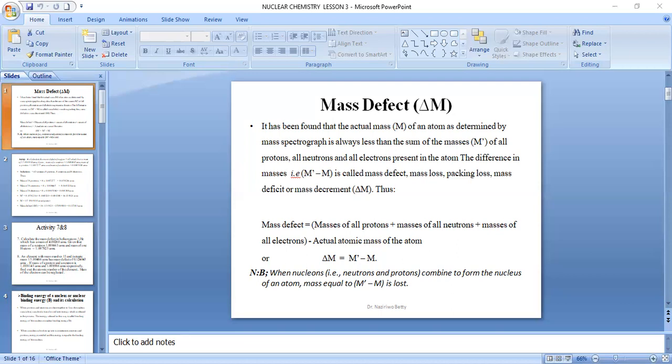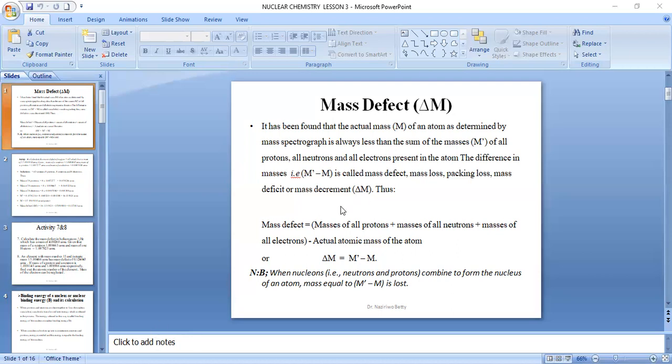If we add the masses of all those particles, they are always more than the actual mass of the atom. The difference in the masses, that is the masses of all the protons, the neutrons, and the electrons, minus the actual mass of the atom, is called the mass defect or mass loss.